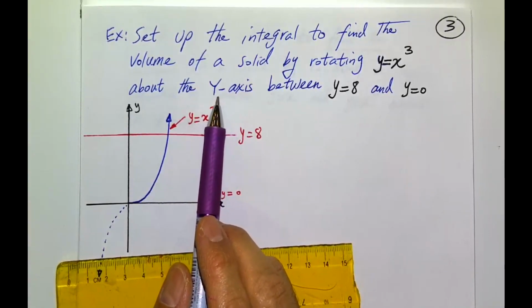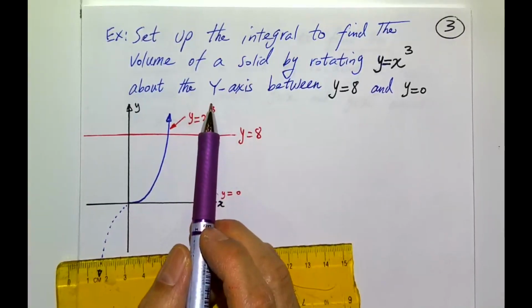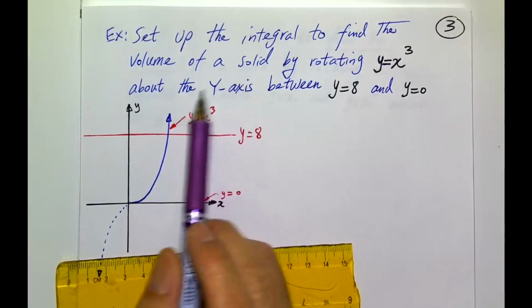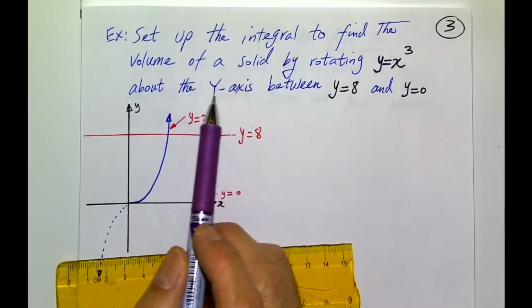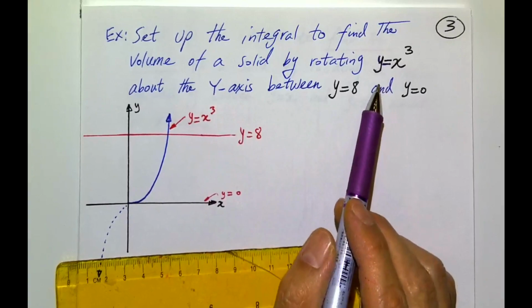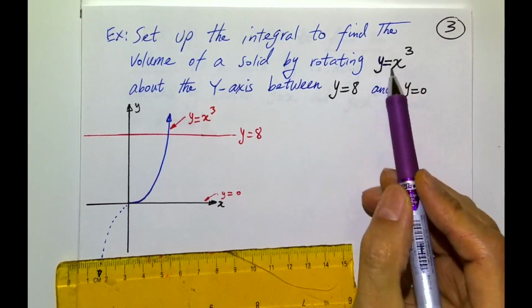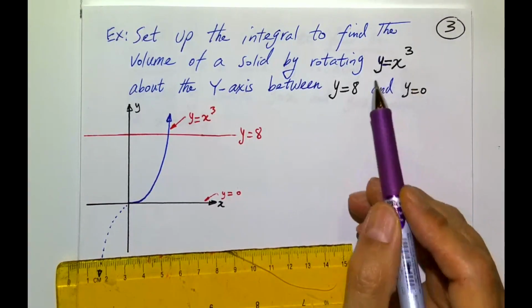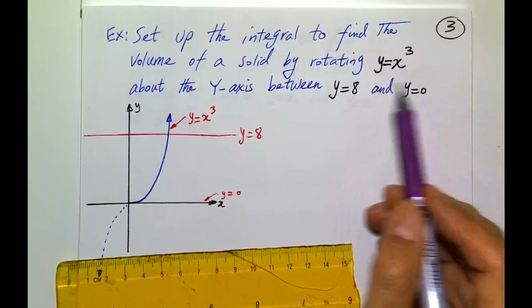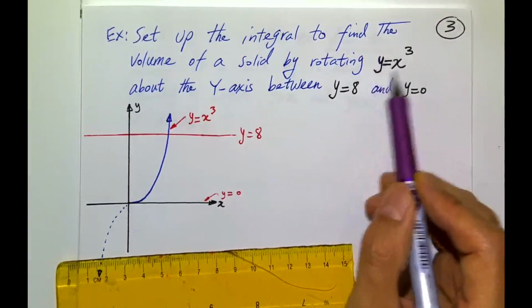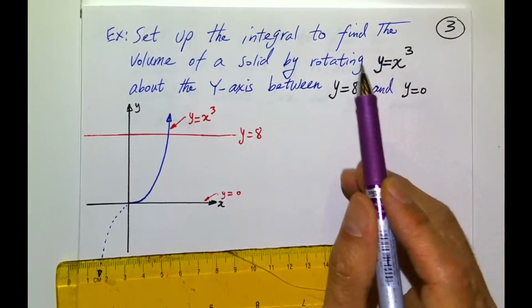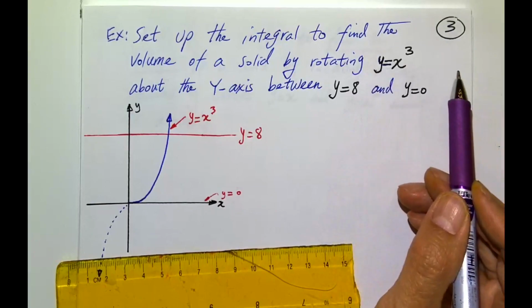So we've learned in the previous section, or the one before that, that when we take the integral about the y-axis, then our integral is dy, and this function has to be written as x in terms of y. So we're going to need to rewrite this expression as x in terms of y.